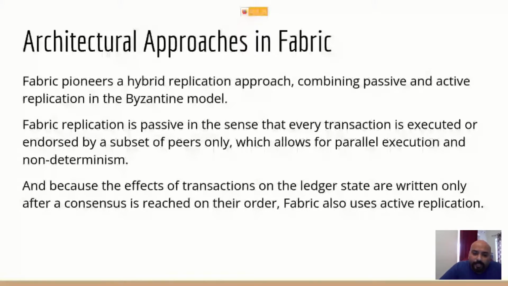Because of this, transactions of the ledger are written only after consensus is reached. That's why, when we saw the diagram, the validation and committing happens only after the consensus is reached, or when the orderer batches all the transactions. So there is initially a passive replication and then there is an active replication.